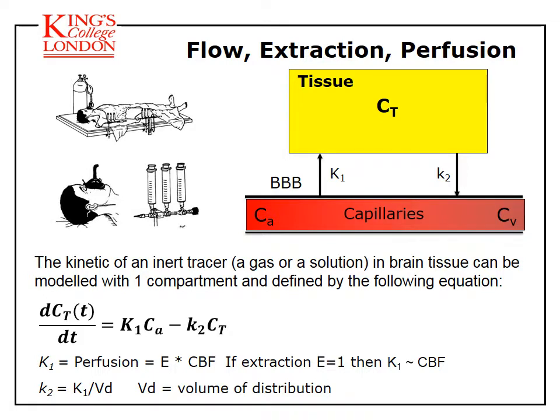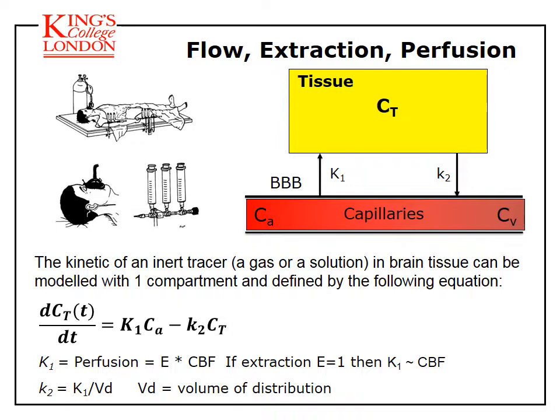The dynamic of the gas is described by the equation that says that any change in the gas concentration in the brain depends on the rate of entry, K1, and on the rate of exit, K2. K1, which is also called the tissue perfusion, is equal to the extraction E times the cerebral blood flow.